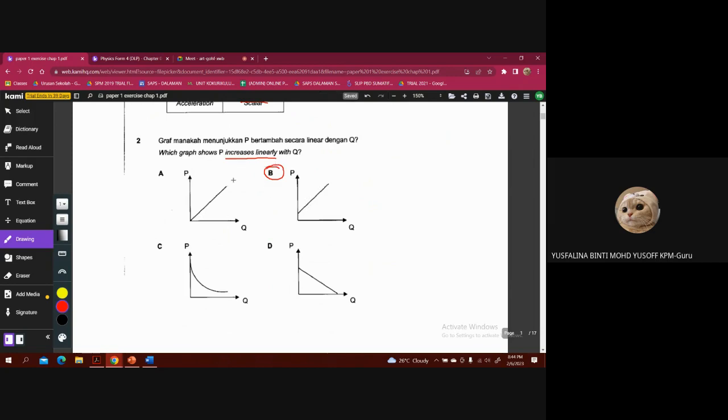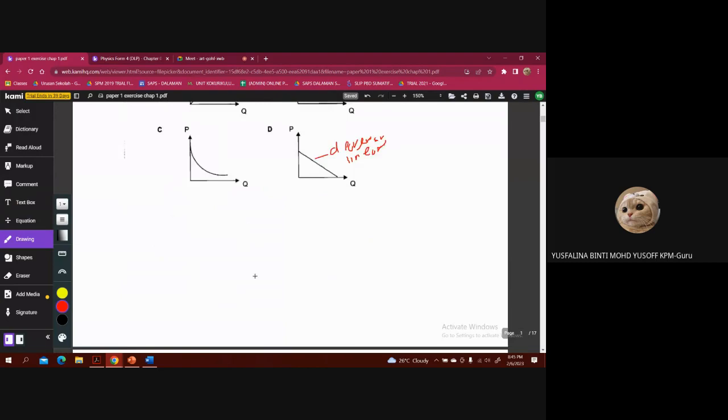This is directly proportional. This is inversely proportional. This one is decreasing linearly. Maybe you can just put notes there: increasing linearly, directly proportional, inversely proportional.